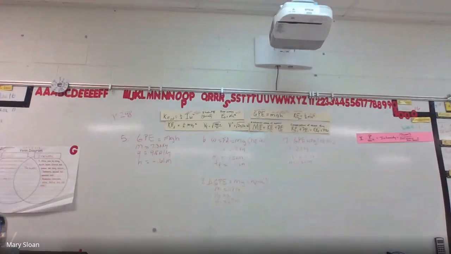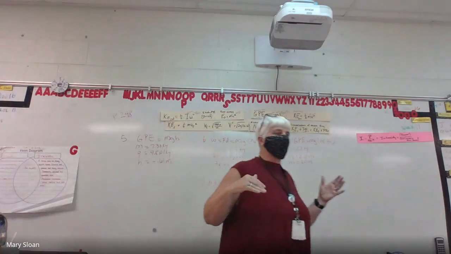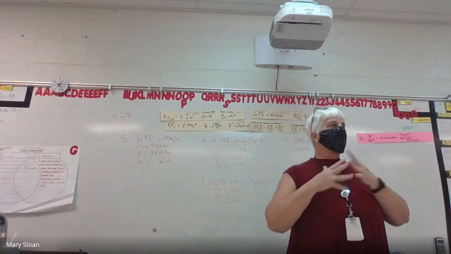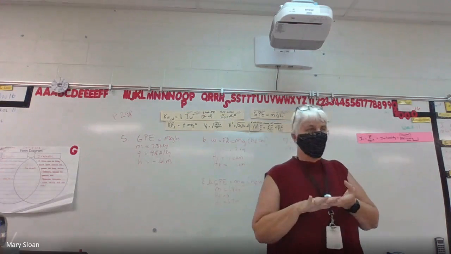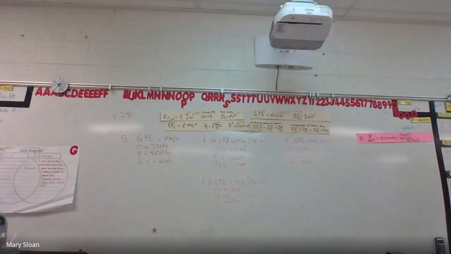Okay? So for this one, remember yesterday us drawing our little gravitational potential energy and kinetic energy? I want to make sure you understand the difference. Potential energy is stored up, like, for example, batteries and things like that.